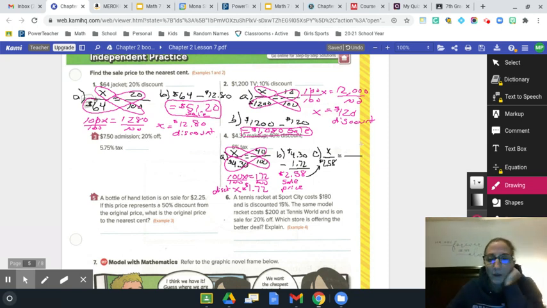And then over here, we're paying 6% Michigan sales tax out of 100. So X over 2.58 equals 6 over 100.